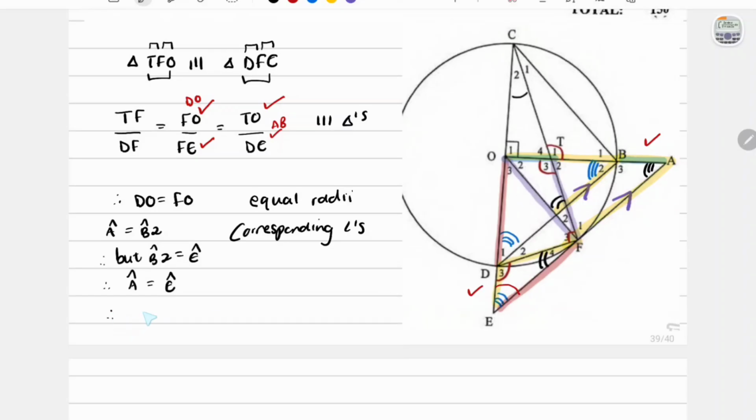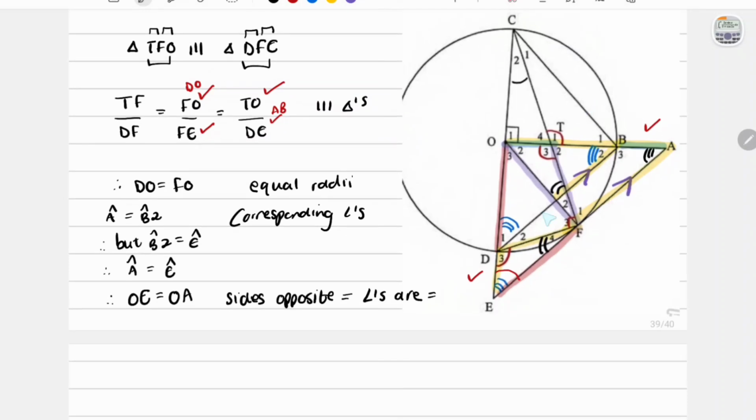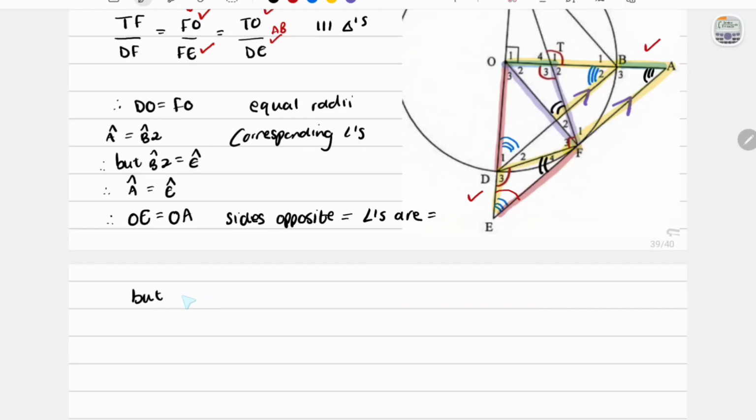So that would prove that OE, that side, is equal to OA. And instead of saying angles opposite equal sides are equal, we'll say sides opposite equal angles are equal. Okay, so now that we got that, I'm just going to tell them that I already knew that OD was equal to OB, right?